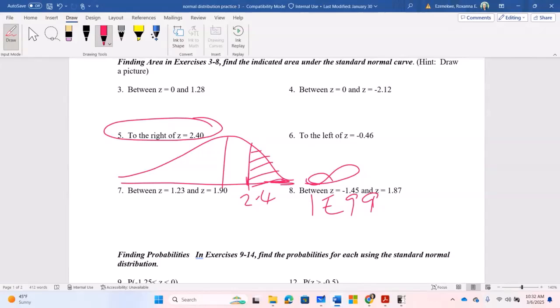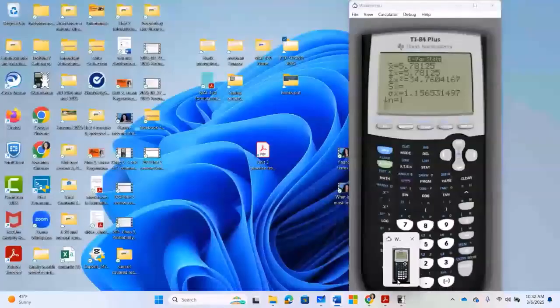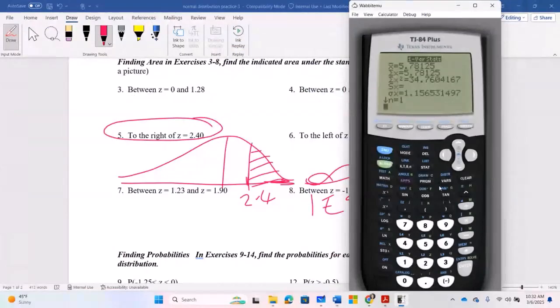So I'm doing it with my calculator. Where do I go to find the area to the right? Second distribution again. This time I'm doing normal distribution, normal CDF. I have to be careful because I'm looking for area to the right, so I'll select number 2.